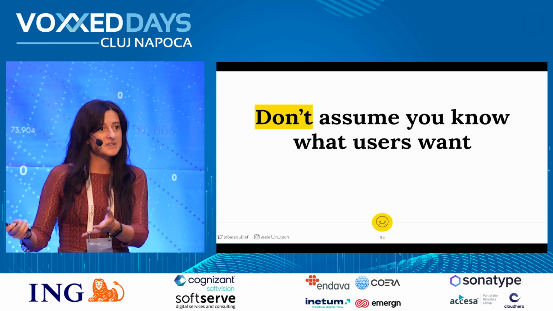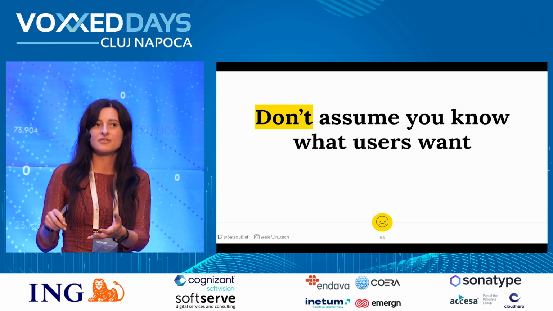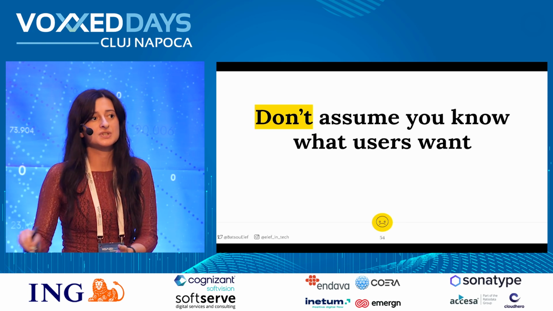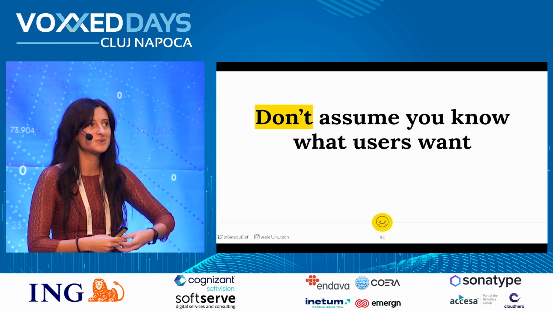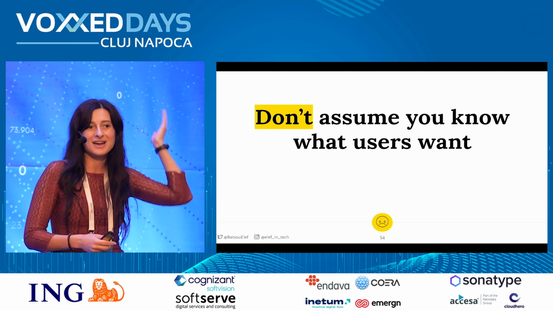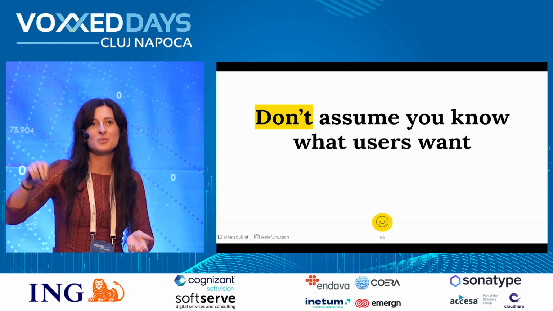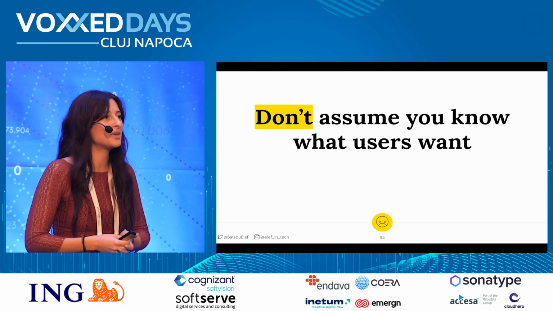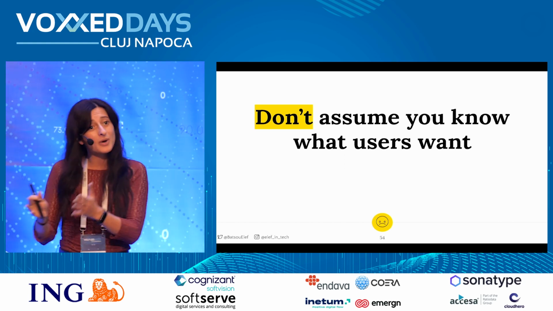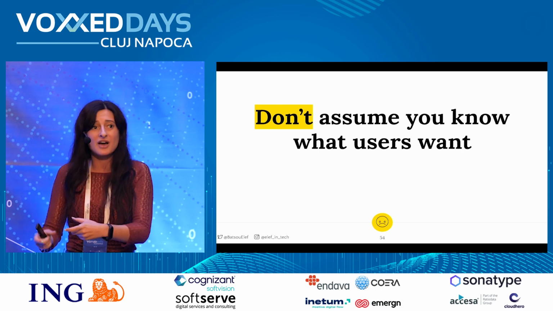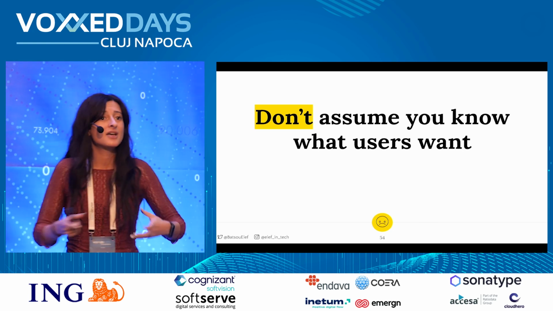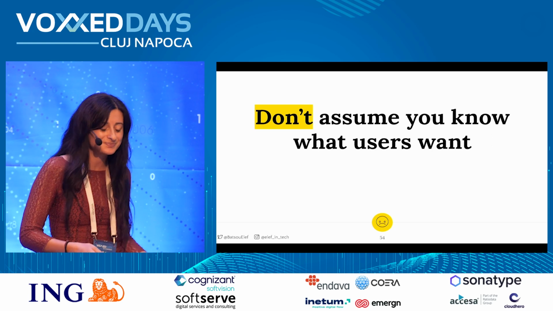There are websites, for example, that will take care of everything. They will find users for you, and you can specify what kind of users you want. Maybe you want the users to speak only Romanian, or to be from a specific part of the world, or maybe you want only females. So there are websites that will provide you with the exact demographics and maybe knowledge that you want them to have.